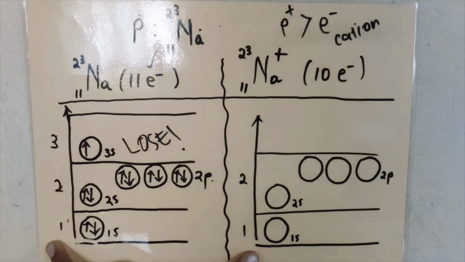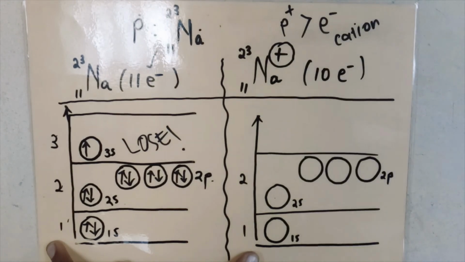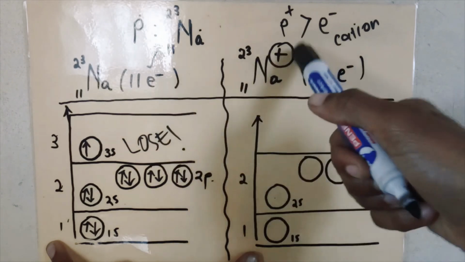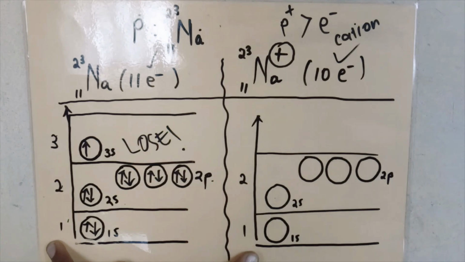So it will be positively charged. That's why here, to indicate that it has actually lost an electron, I'm writing it with a plus. If it had gained, remember previously with sulfur, we said it has gained 2 electrons, we wrote 2 minus, but this one has lost an electron, so it's plus. So now when it's neutral, it has 11 electrons, it loses the 1 electron, it means it's now left with 10 electrons. So that's your answer. So the ion of element P here will have 10 electrons.